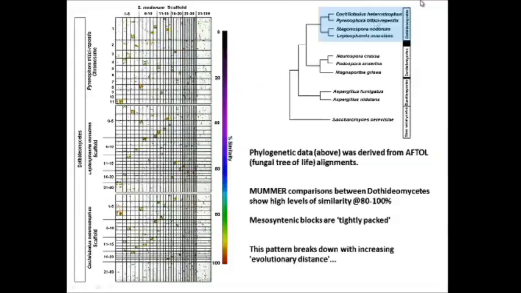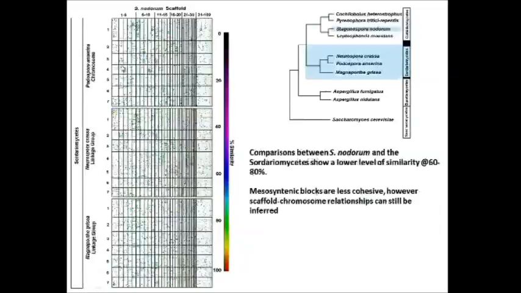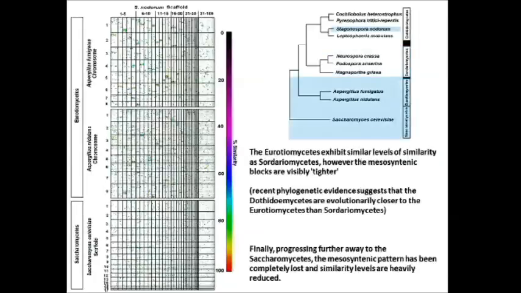In the ones that are quite close within the same class, you see a fairly tight clustering of this mesosynteny pattern. As you go a bit further out, you start seeing it break down, both in terms of the similarity of the sequence, but also in the cohesiveness of that clustering. And further out again, it's breaking down more.